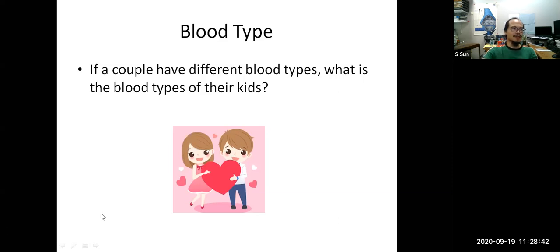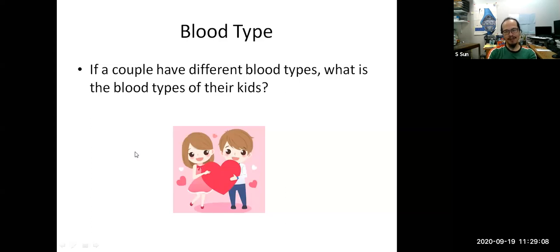All right. So blood typing. We can test the blood type. You must know your blood type because that is quite important. Personal stuff, but quite important. So if two couples have different blood types, what are their kids?